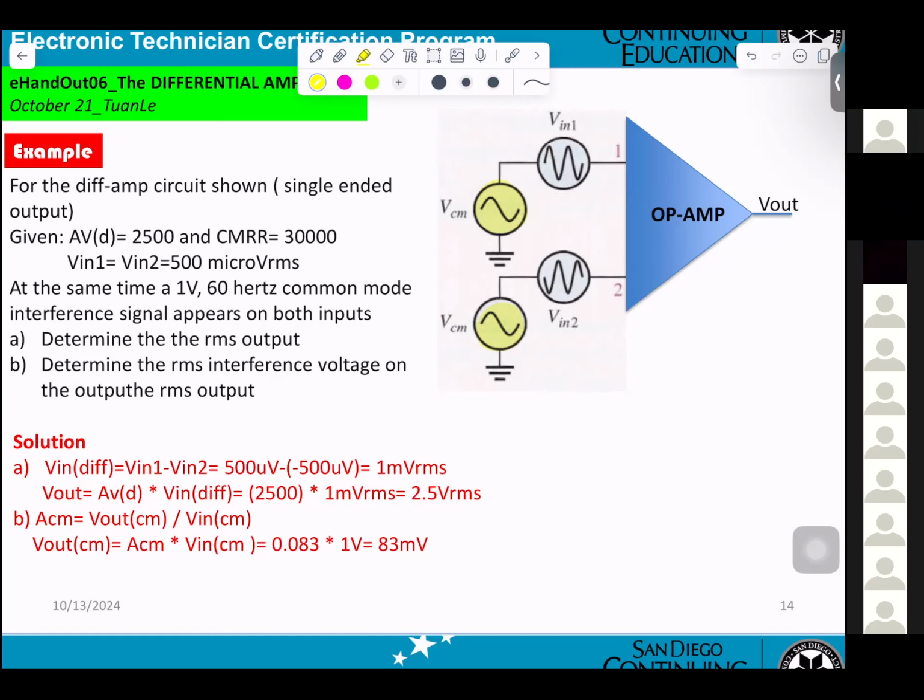You can see the difference between V in 1 and V in 2. Mr. Pham, on this one, if you look at those sine waves, they look a little bit different. They have to be different. Tell me what you think. What's different? They are definitely out of phase. Perfect. They are out of phase.